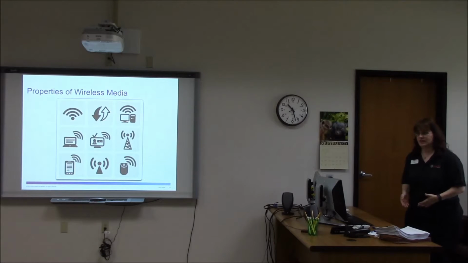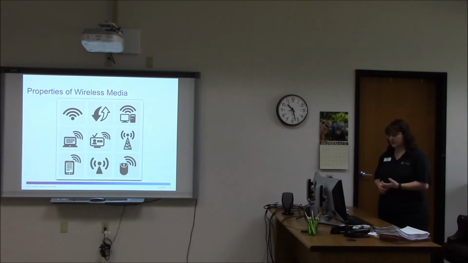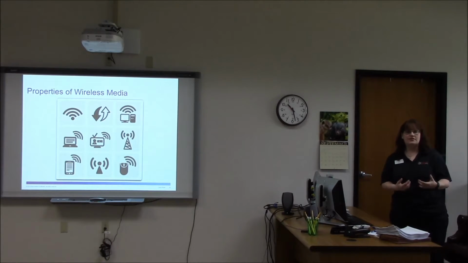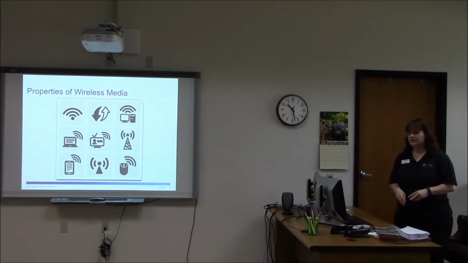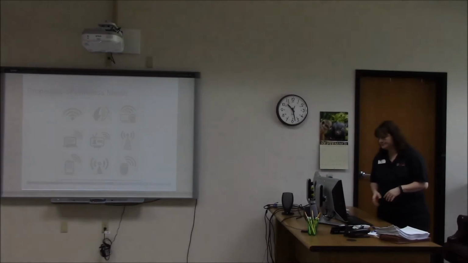So we have to take some safety precautions when setting up a wireless network. And it's a shared medium. So a wireless LAN operates in half duplex. That means you can only send or receive at the same time. Now newer wireless standards are working to combat that, but that means the more people are on the wireless, the more the wireless slows down, and I know we've all experienced that.